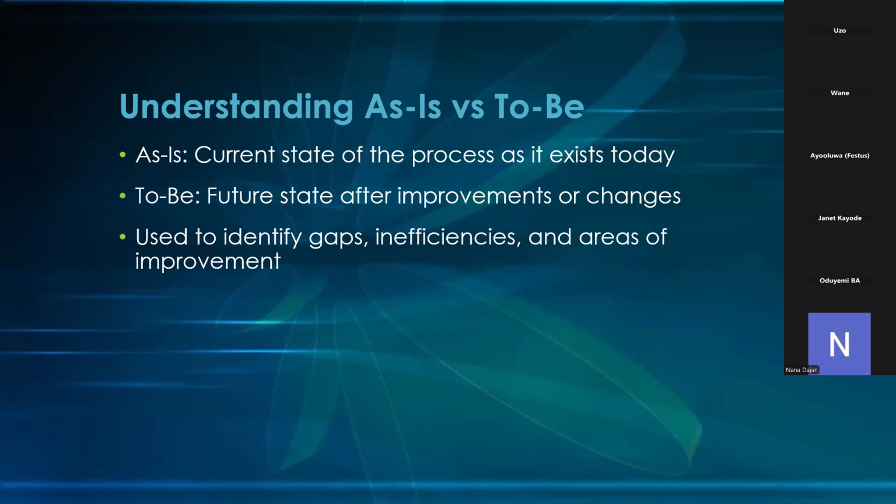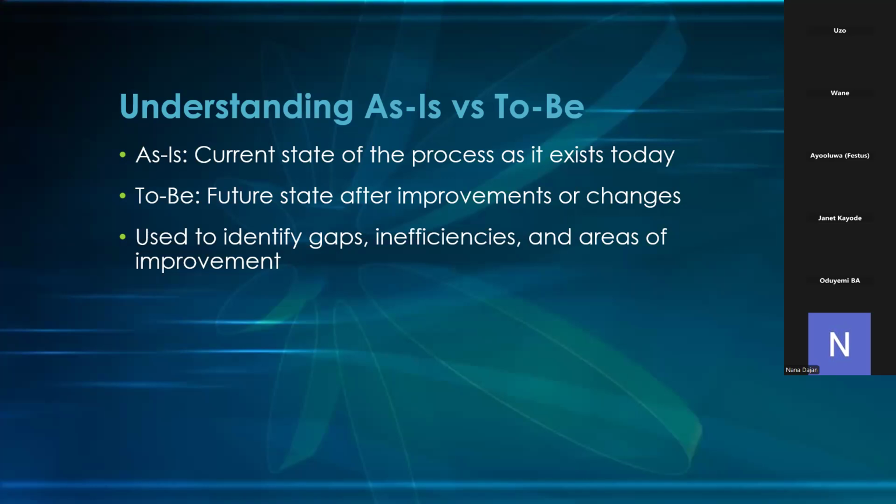So to be, because you hear it a lot as a business analyst. So just to give you an understanding of what it means, between the as is and the to be, what you're trying to do is called gap analysis. You are trying to understand where the gap lies between the current process and the supposed future process.